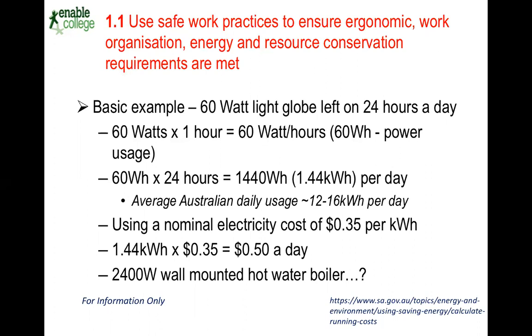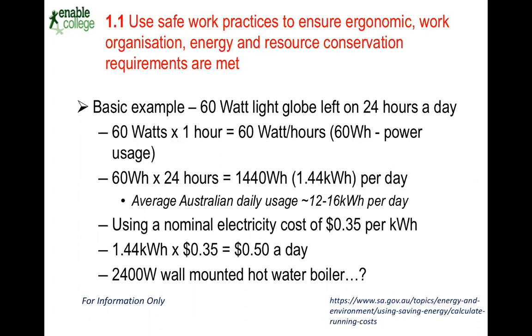A 60-watt globe sitting on for 24 hours, which does happen. People go away on holidays or whatever, and especially in offices, you see these things happen. A light will be left on 24 hours or so. If we just said, yep, it's on for 24 hours, that equals 1.44 kilowatt hours per day of electricity usage.